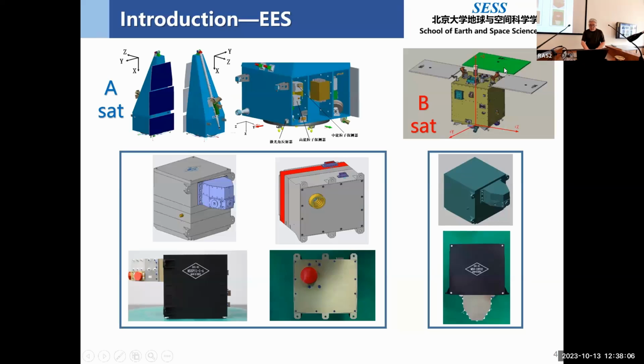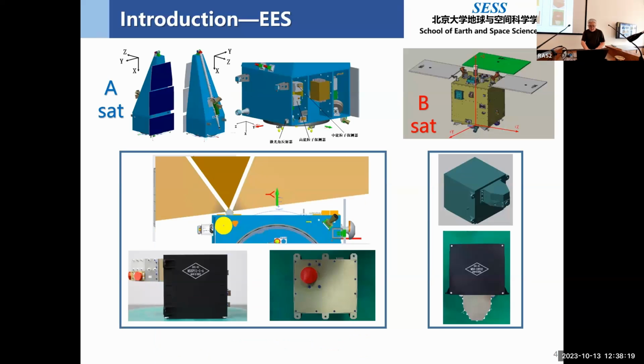For satellite B, we just have the mid-energy electron spectrometer. But you can see this one has a special structure. To avoid the solar cell panel, we have to turn it a little bit, just 7 degrees, to keep our view angle.